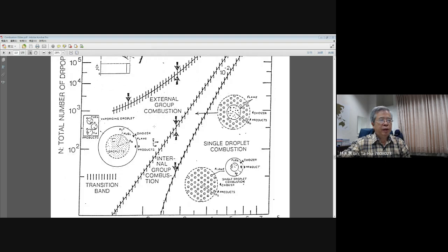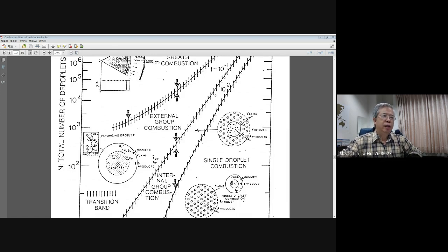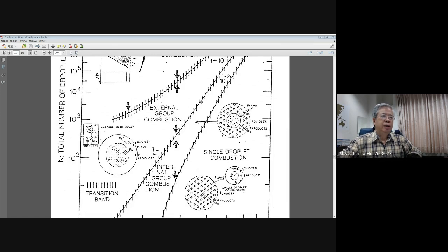Now think about when you decrease the group combustion number further, lower than 10 to the minus 2, on the order of 10 to the minus 2. Then you will find the spray cloud becomes more dilute.